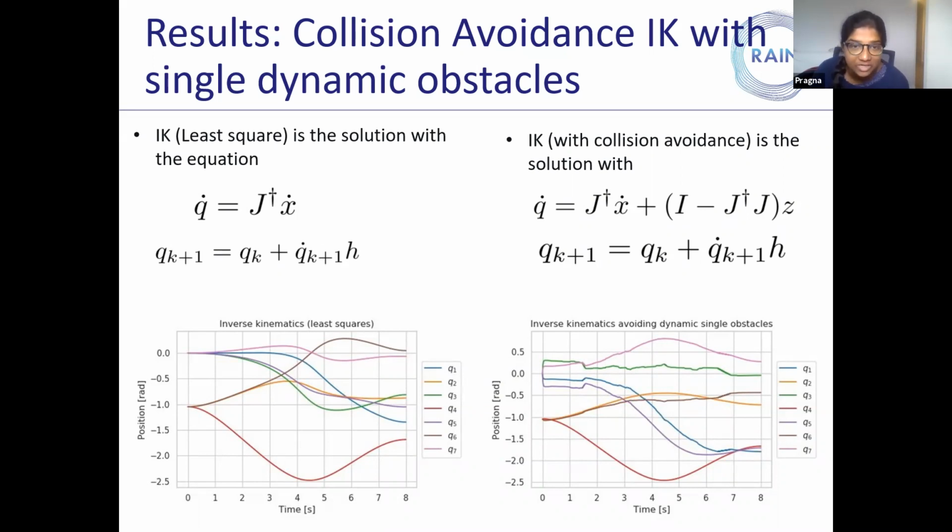So you can see there are changes in the movement in Q3, the third joint angle, and we observe changes in Q1 a little bit. The most visible change is in Q3.